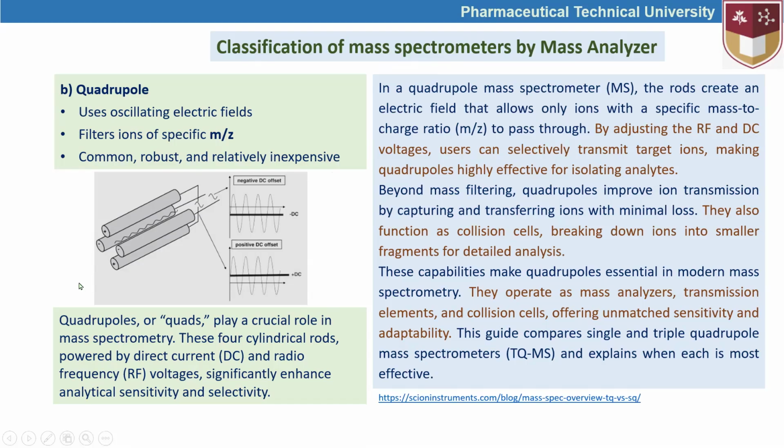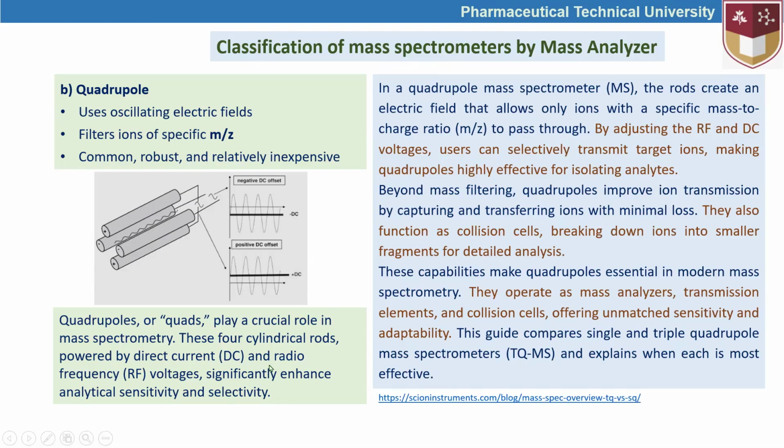Okay, quadrupoles, or quads, play a crucial role in mass spectrometry. These four cylindrical rods, powered by direct current and radio frequency voltages, significantly enhance analytical sensitivity and selectivity. DC, direct current, can exist in batteries. For information, let me remind you, AC is the electricity in our homes.